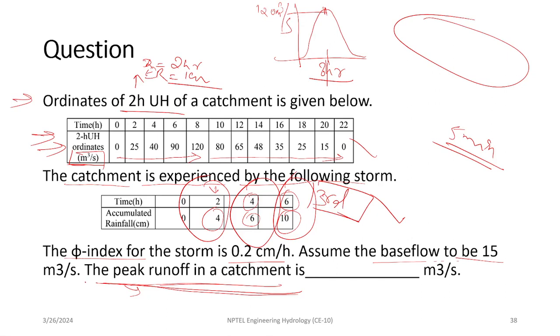Okay. Now I just want you to keep one thing in mind: whenever we are dealing with small storm events that are lagged by some time, we want to compute the overall effect of these small unit hydrographs. So you can consider that from 0 to 2 there would be some peak, then another hydrograph between 2 to 4 hours, and then another from 4 to 6 hours.